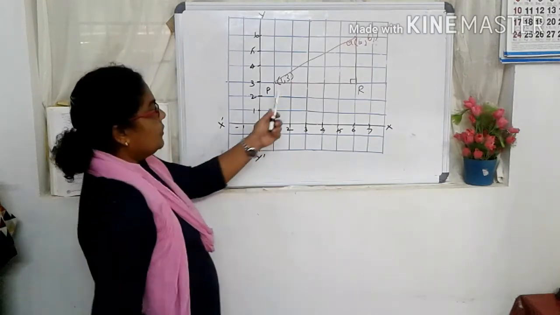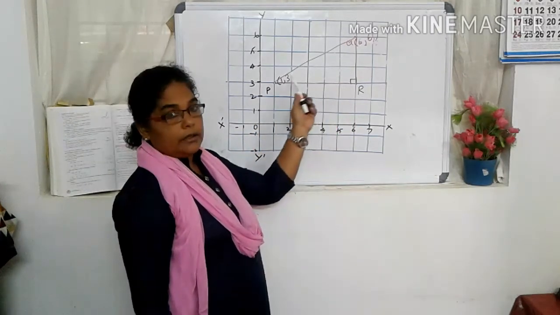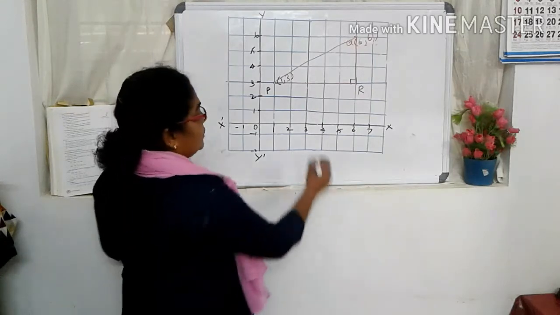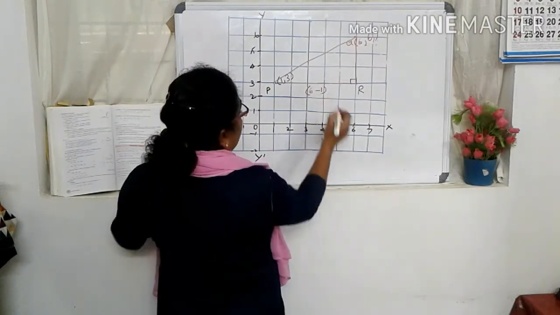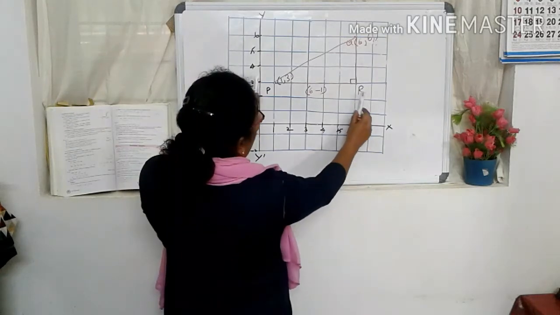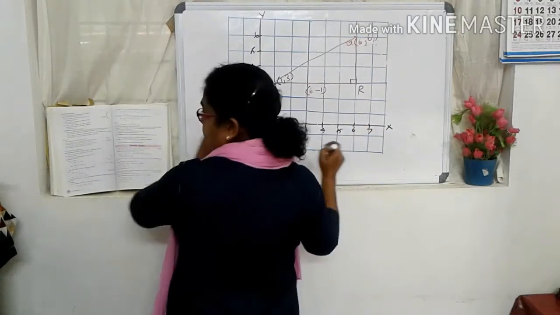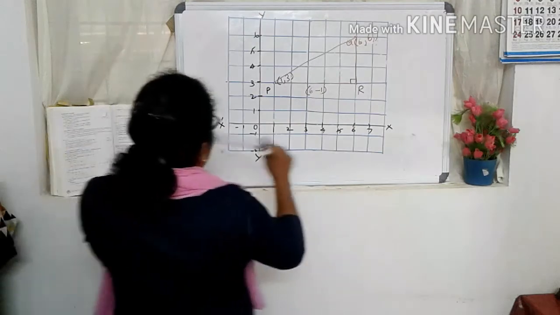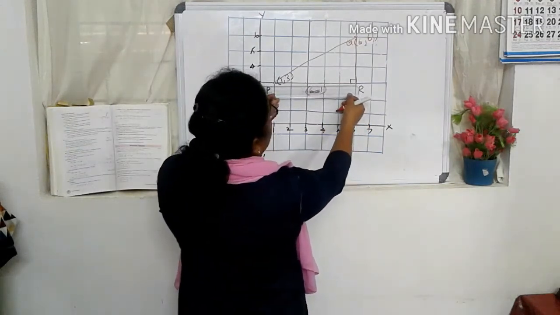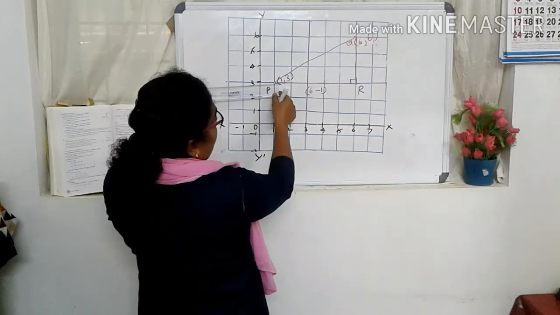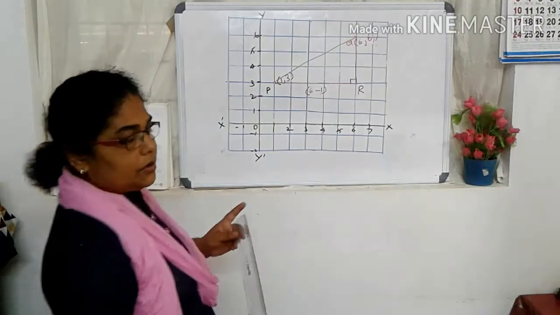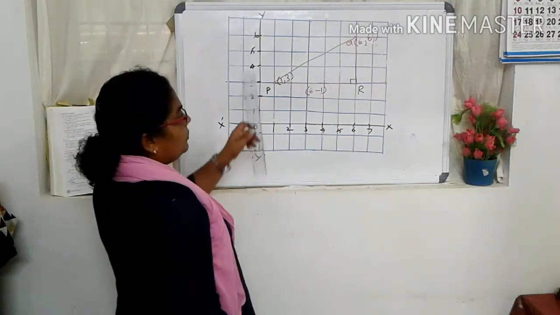So the rest is PR = 6 minus 1. How do we get 6 minus 1? This total length is 6 units, out of which 1 unit is gone from here. So 6 minus 1 is 5 units.